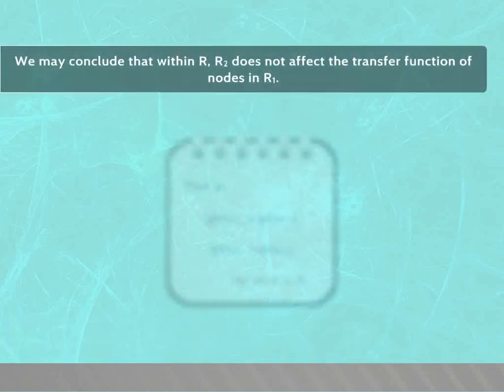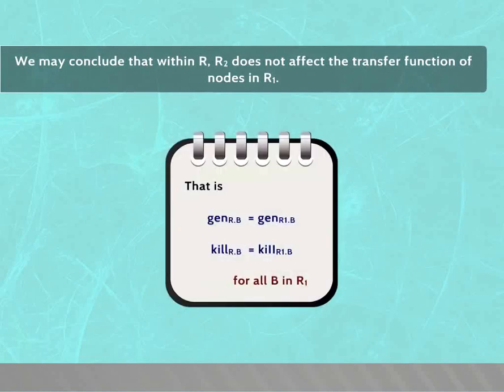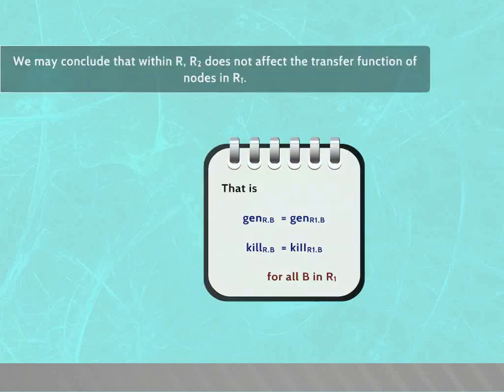We may conclude that within R, R2 does not affect the transfer function of nodes in R1, that is, gen R, B equals gen R1, B. Kill R, B equals kill R1, B, for all B in R1.